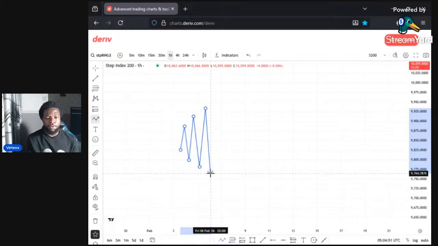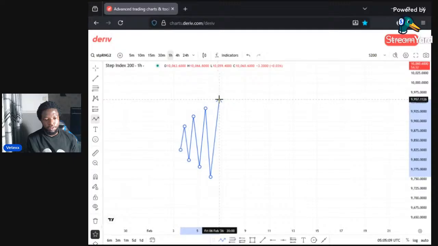Now, let's say you have something like this, for example. This high here, you consider as our liquidity, and we want price to sweep it to give us a protected high. Once price breaks it like this, this becomes our protected high.